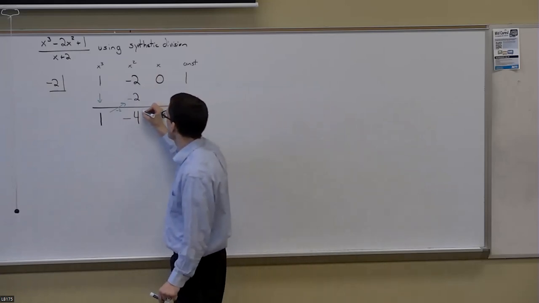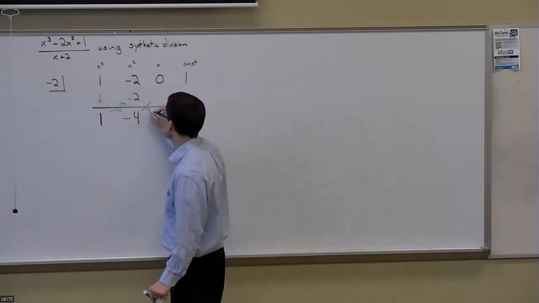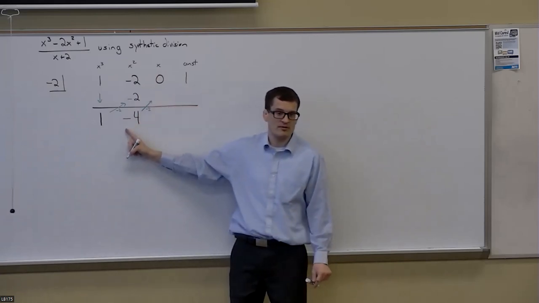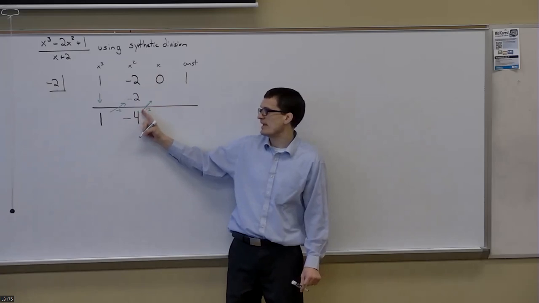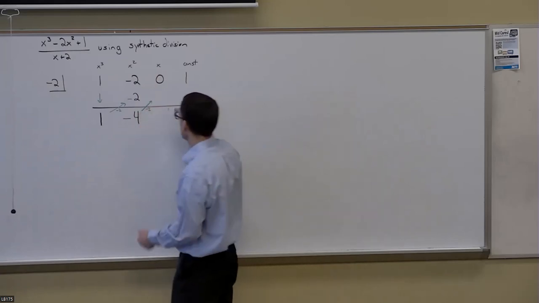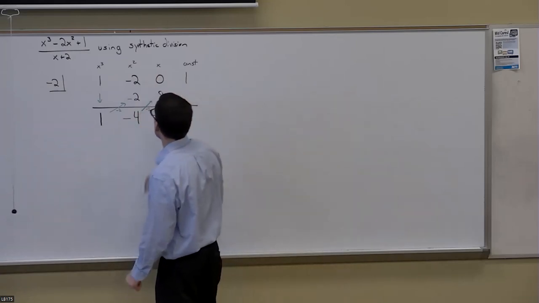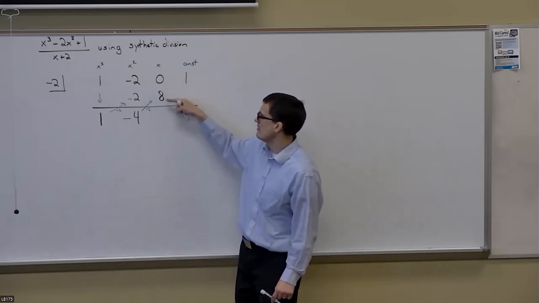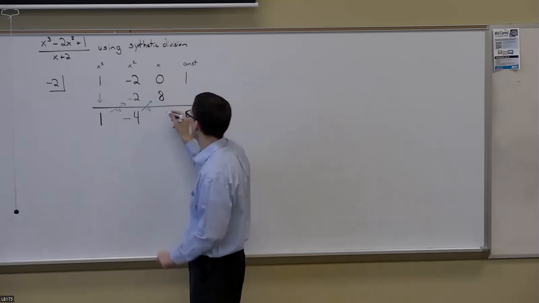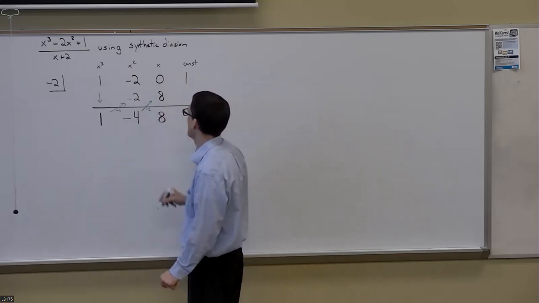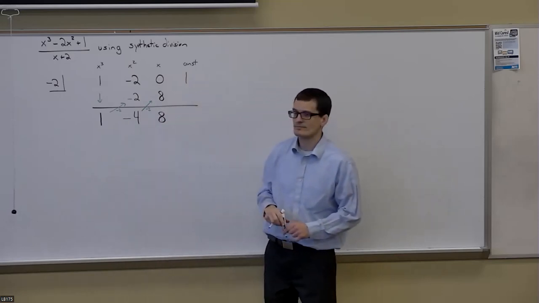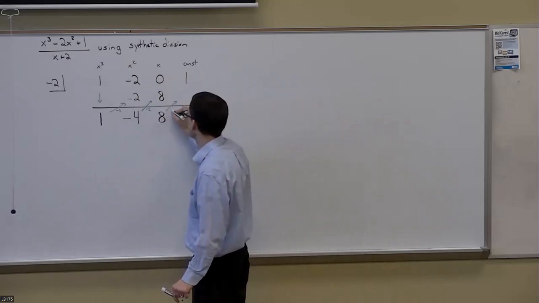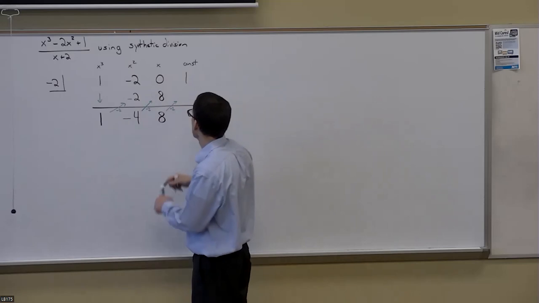Then I take this negative 4 now and multiply it by a negative 2. I would get an 8. And then I would add those. I take my 8, I multiply that by a negative 2.